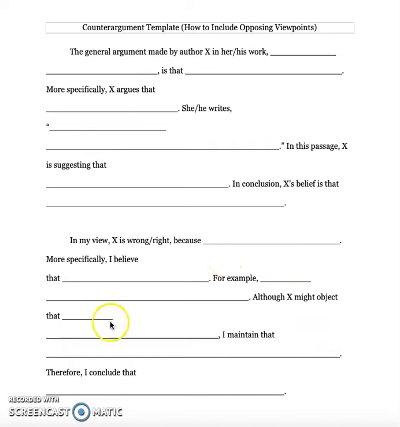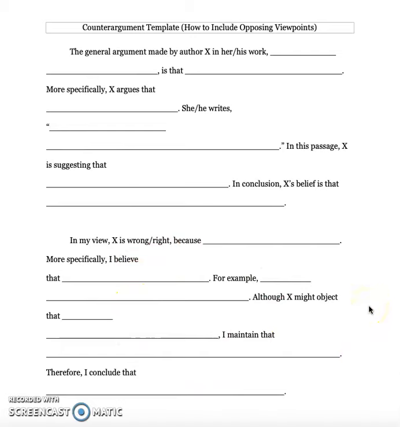This is how you create your rebuttal for the opposing viewpoint that you presented up here. See how this is 2 paragraphs? That's why I said this could be 1 to 2 paragraphs. Now you could include this as one whole paragraph as well, but I wanted to create the paragraph indication here so that you know that you're doing a different task in this paragraph.